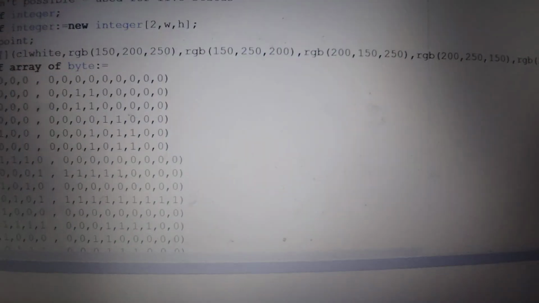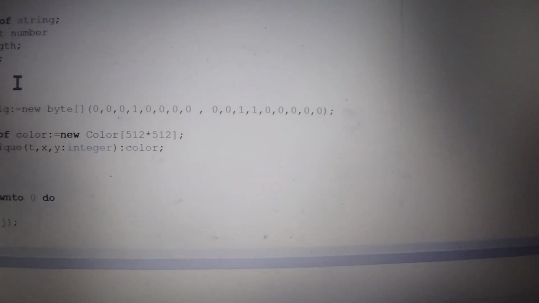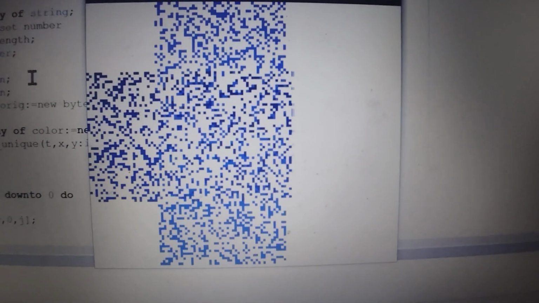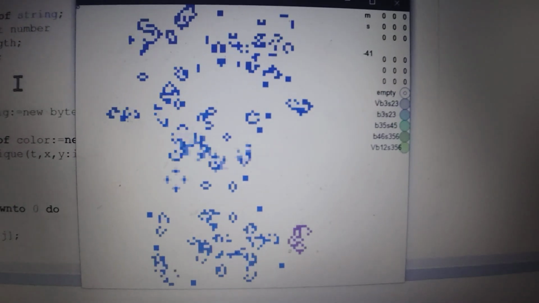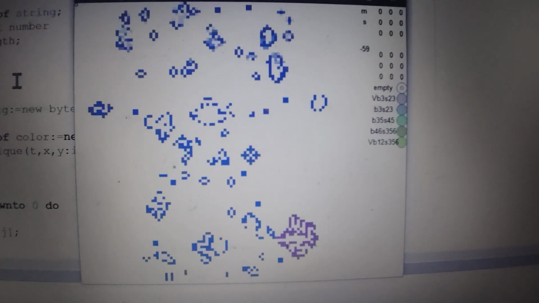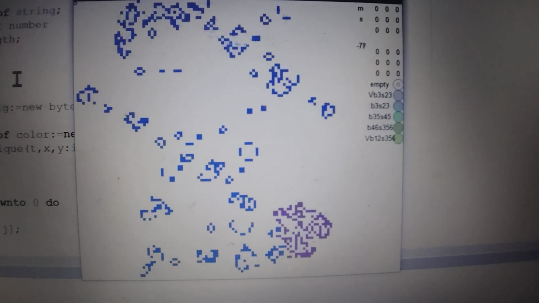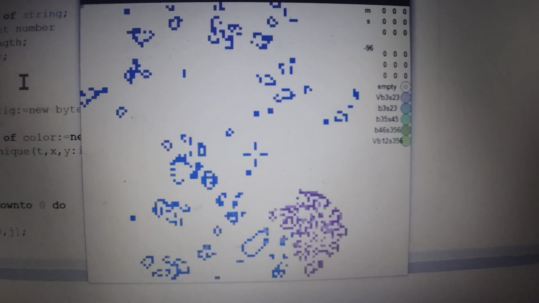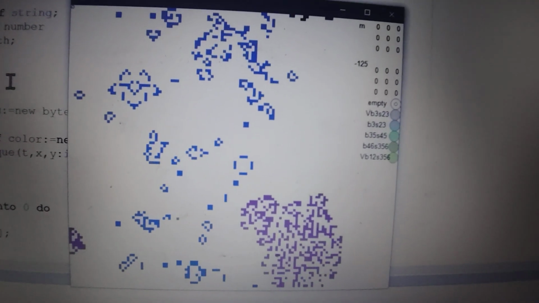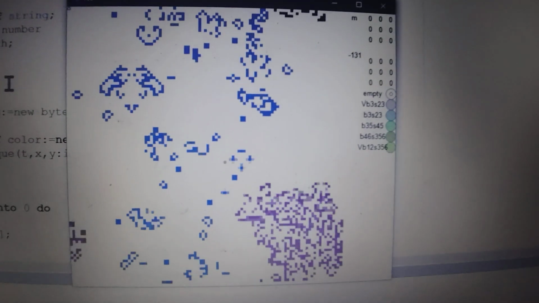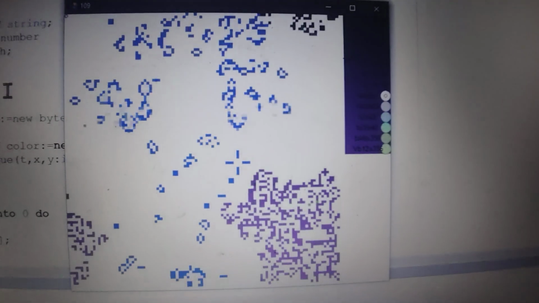If I make the death age really high, like higher than what we have here, we will see how horrible it looks without a death. It is just a solid wall of cells which don't go away in any reasonable way, and it just stops evolving from that point.